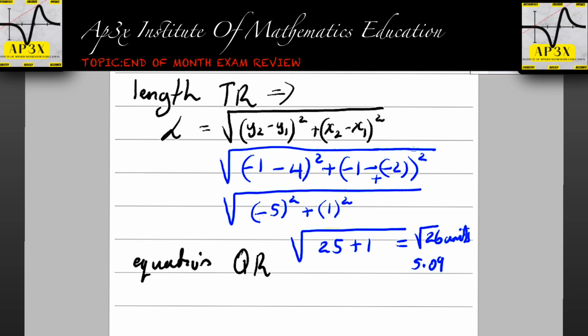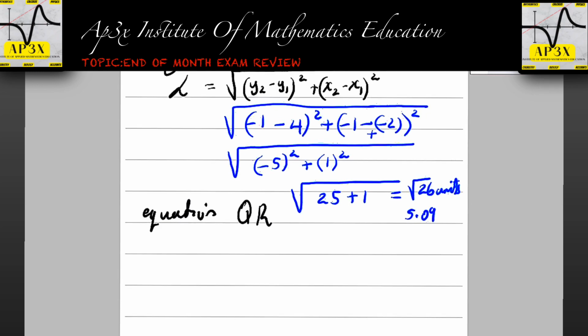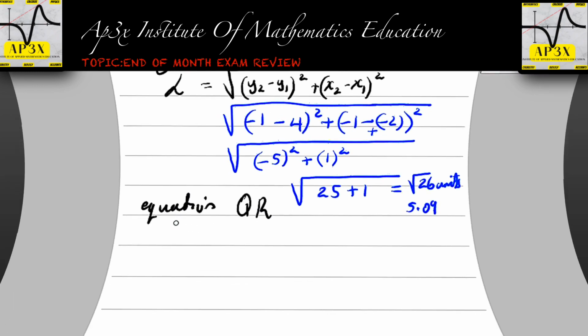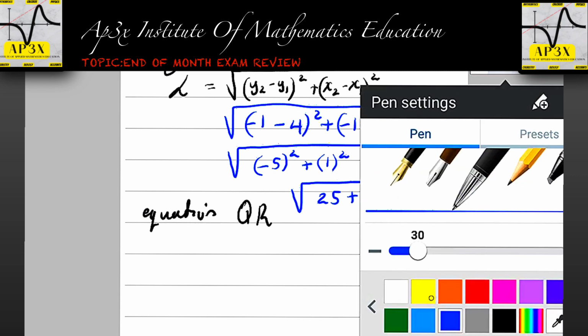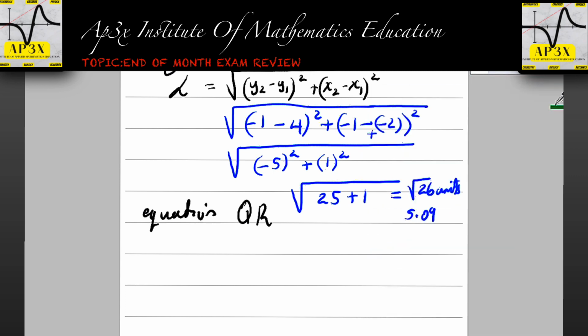All right. Coming down to the end, ladies and gentlemen, the equation of QR. Please note that the equation of any line is in fact going to be y equals mx plus c. Please review my tutorial video; I think you'll find this in part 2 of my coordinate geometry playlist.